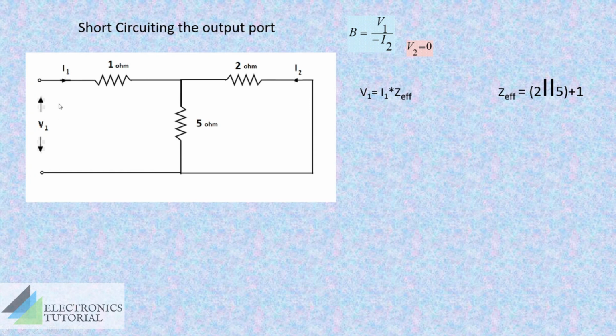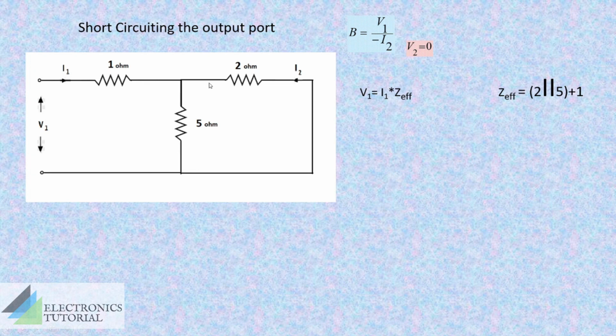In order to get the impedance value here at this point, we need to calculate it from the opposite side. That means we need to take the effective impedance starting from this point. This 2 ohm and 5 ohm are interconnected in a parallel format.